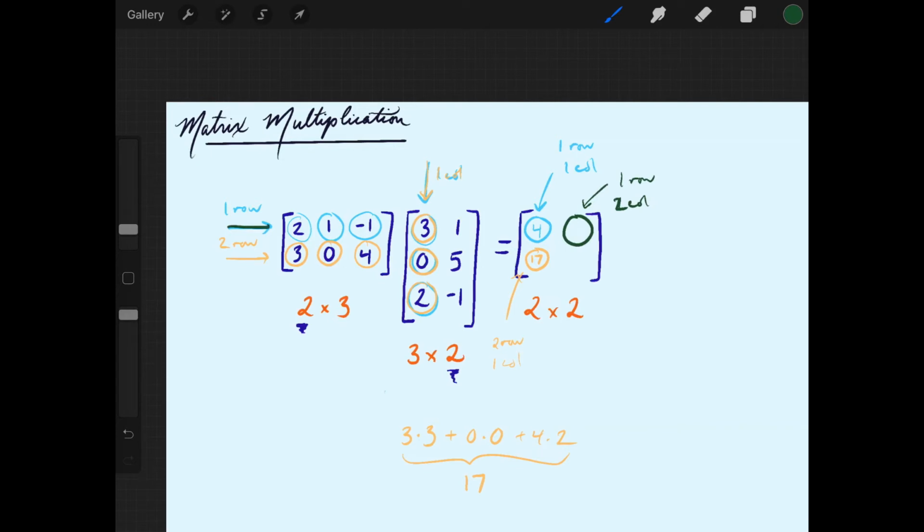So to fill in the first row, second column, I need to look at the first row and the second column of my first and second matrices, respectively. Same idea, I'm going to multiply the first things together and then add some other products.